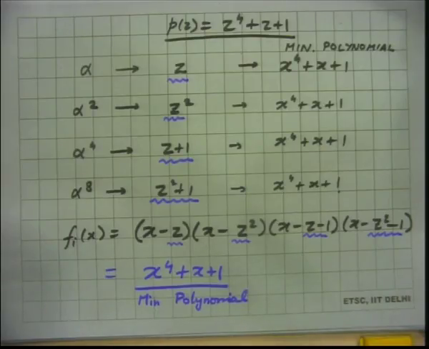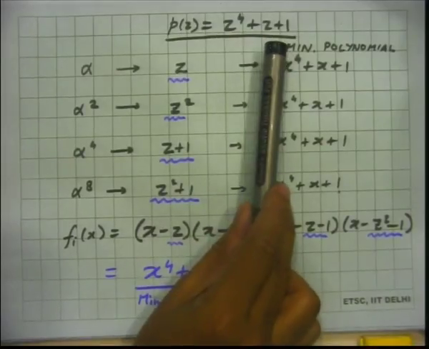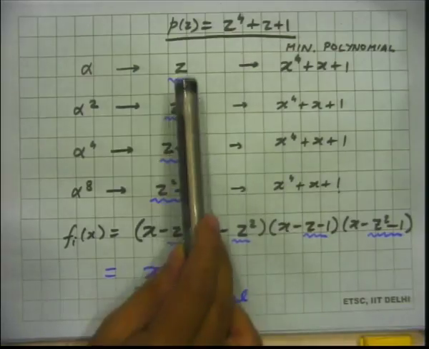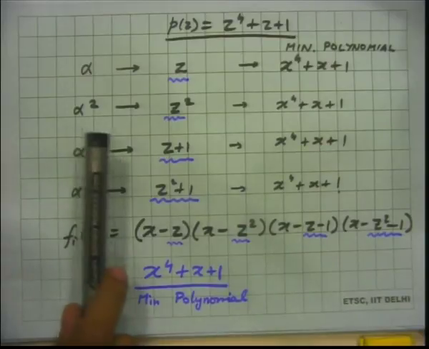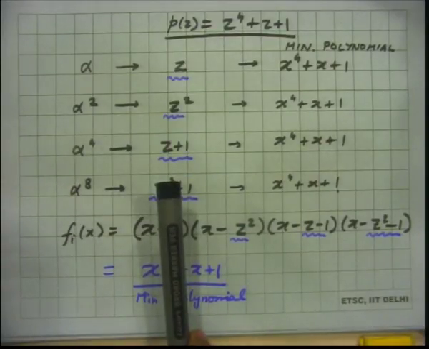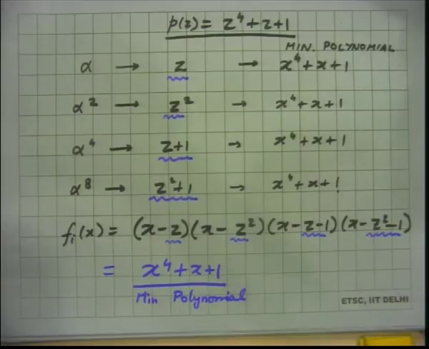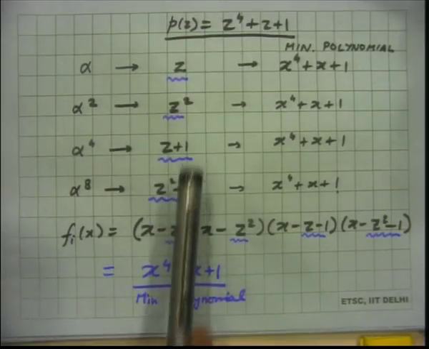Is there a way to write the minimal polynomial looking directly at p(x)? The question that is asked is, can we write the minimal polynomial directly looking at p(z)? The answer is no. There is a standard way to solve for minimal polynomials. You first create the extension field as you have done in the table we showed earlier, and then from the table you have these elements.